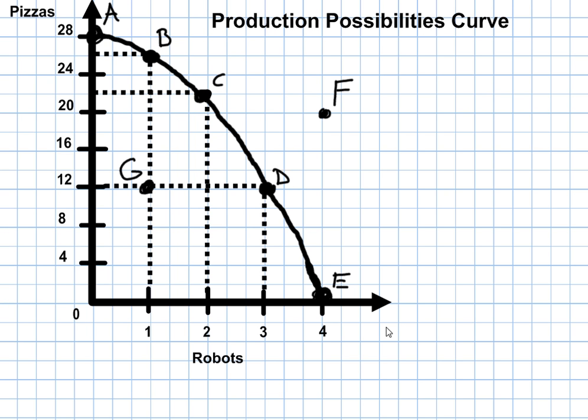So if we add more labor because of immigrants, or we get new and better technology, or if we invest more heavily in capital resources like machinery and robots, that could actually change where our frontier is located.